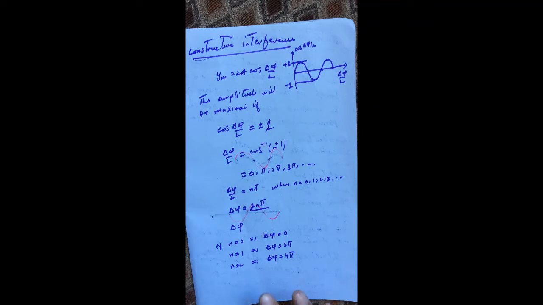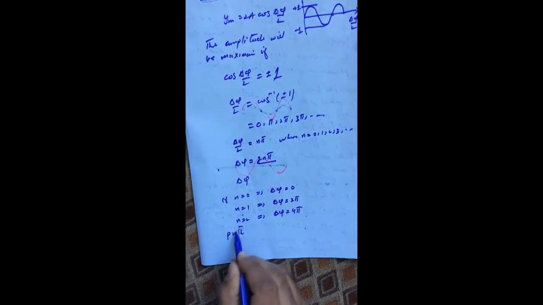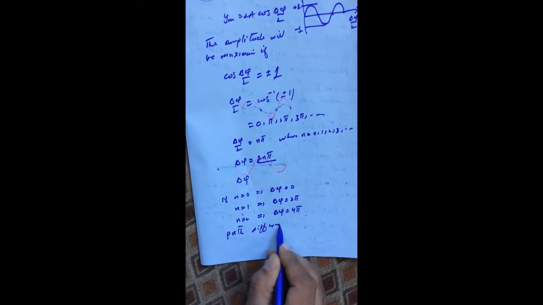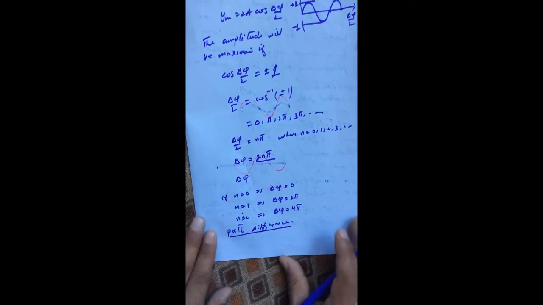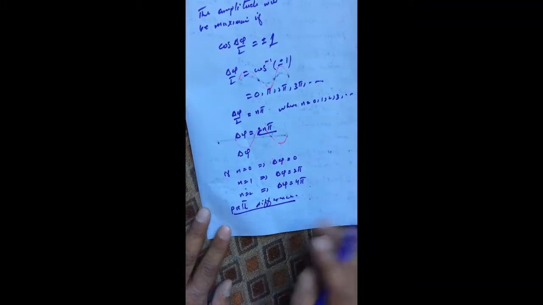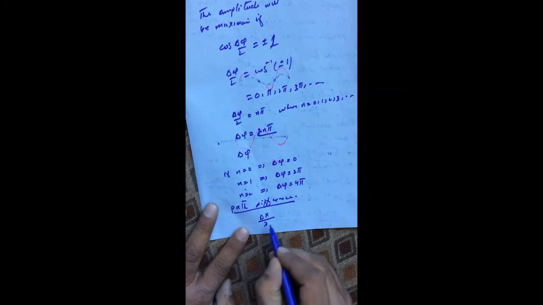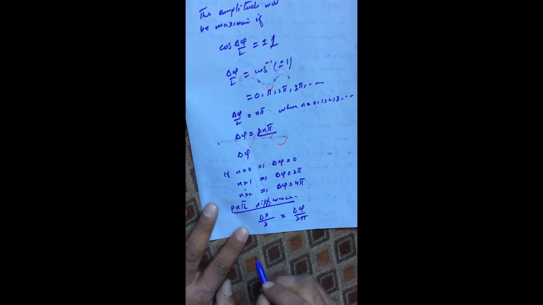Now we will calculate the path difference. For the path difference, we use a formula: Δx, the path difference, divided by the wavelength, is equal to the phase difference divided by 2π.